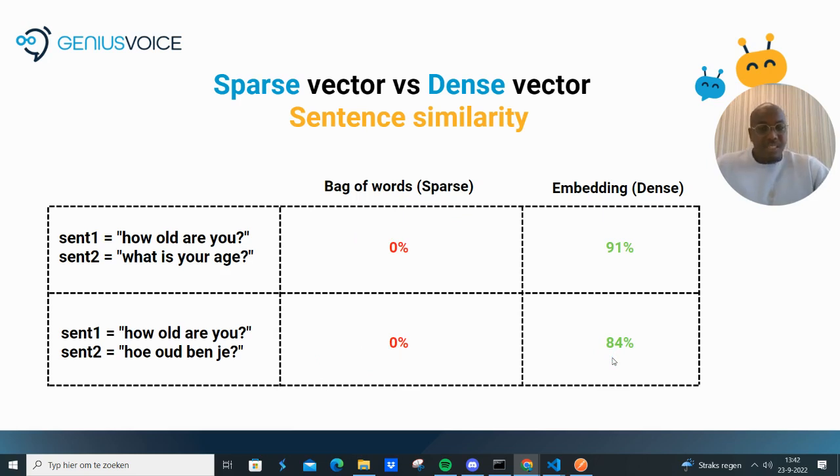And that's because with a dense vector, you can also pass other languages. So Dutch, English, Spanish, French, and you can train that model and it will understand that how old are you and hoe oud ben je are very similar to one another. And that's where dense vectors are very handy in things such as semantic clustering and semantic search because they do a really good job in understanding contextual meaning in a sentence.